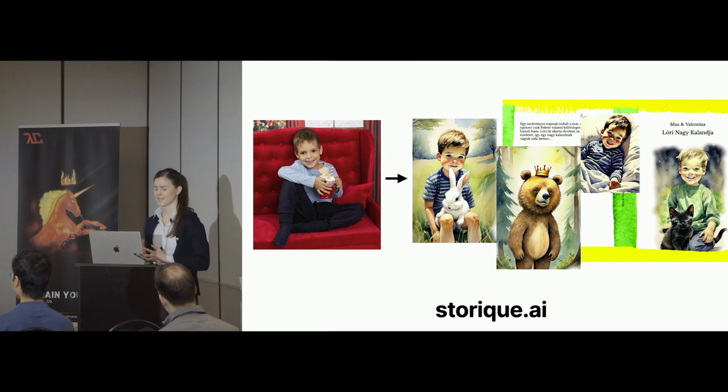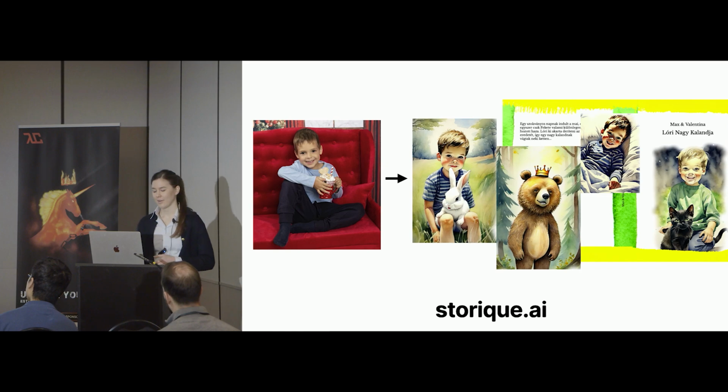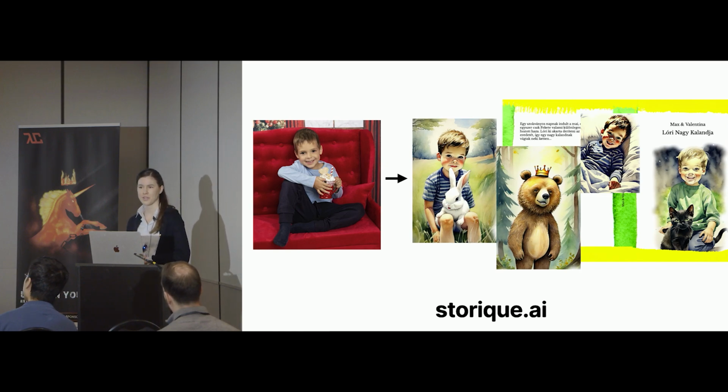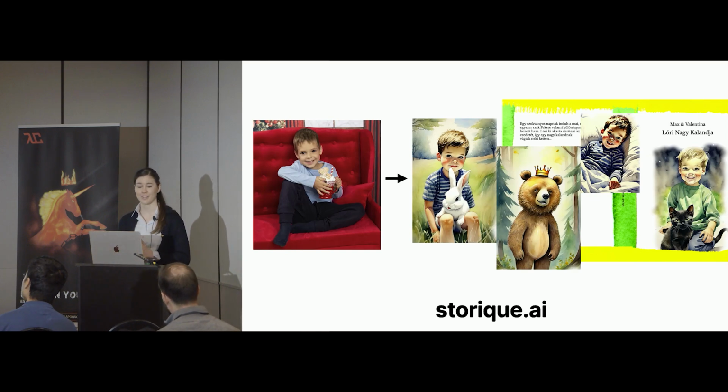We saw that it's incredibly fun working on Storique and also using it, so we wanted to make it accessible for anyone. The first version we made was only for our own use, and the pictures in it were not at all consistent. It took months for us to experiment with models to achieve what we imagined.